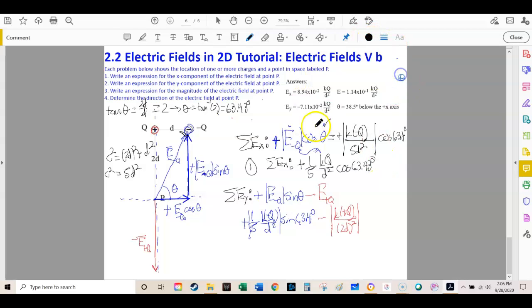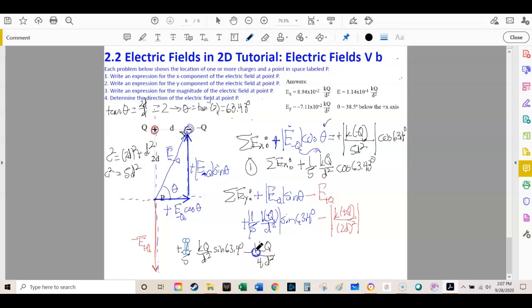So now merging these two equations together, I'm going to have 1/5 KQ over D squared. Actually, I'm going to need some room, I think. I'm carrying the math over here. KQ over D squared sine of 63.4 degrees minus KQ, and I'm multiplying this all out, and 2D squared is going to be 4D squared.